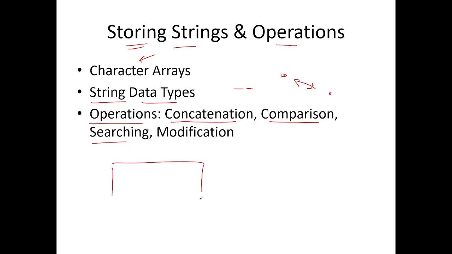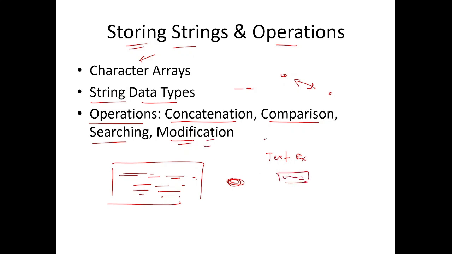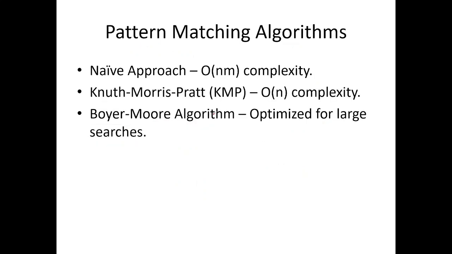If you take a big text, it is actually a set of strings, and if you want to search a particular string, you will go on searching. And modification: in text editors you can modify if there is some error, that is text modification or string modification.